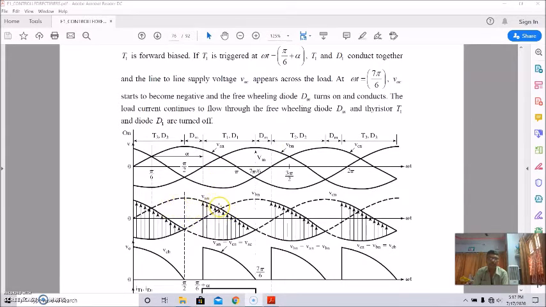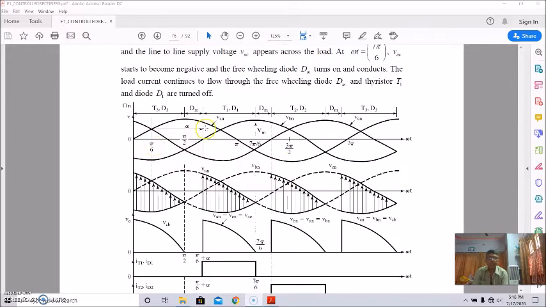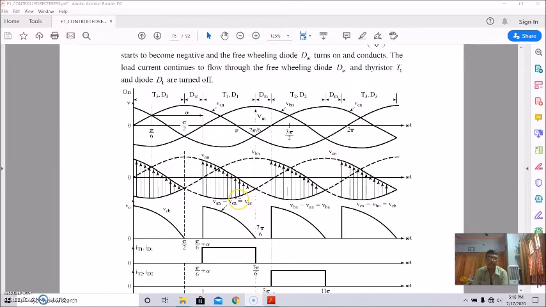See, this is VN, which is the difference between these: VN equals VAC plus VCN. This is the supply phase voltage, and this is the conduction. This is the output voltage.